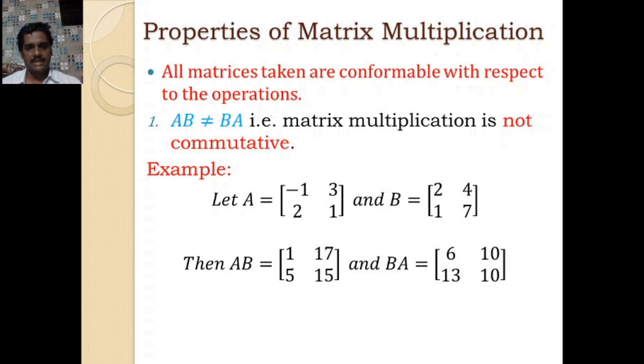I hope you all must have got this. I'm getting AB equals matrix with first row 1 17, second row 5 15, and matrix BA as first row 6 10 and second row 13 10. And you all can observe here that AB is not equals to BA.